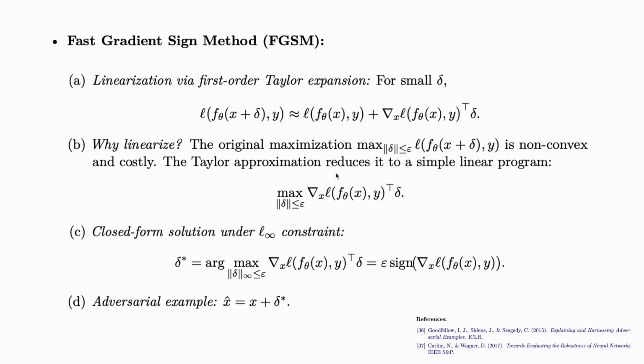Okay, so we want to find delta that maximizes this, and there is a closed form solution for that. So if we solve it, we find this equation for delta star, so basically the delta that maximizes this term. That's a simple equation that you can implement directly. So that means that for a given image x, if I have a model f of theta, I want to find delta that will make this model misclassify the image.